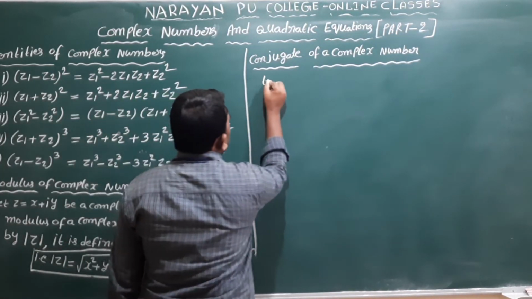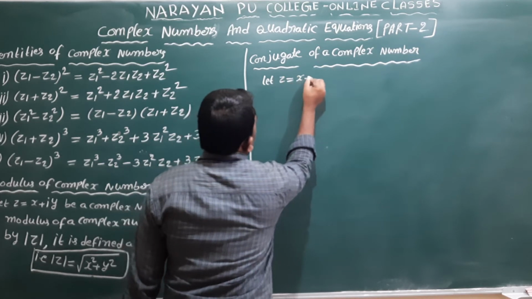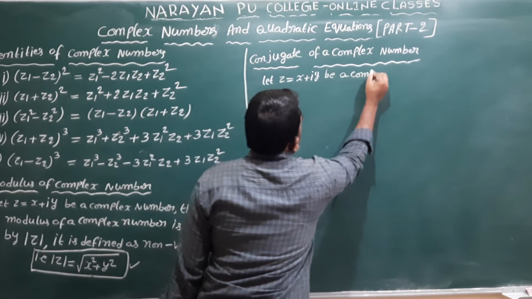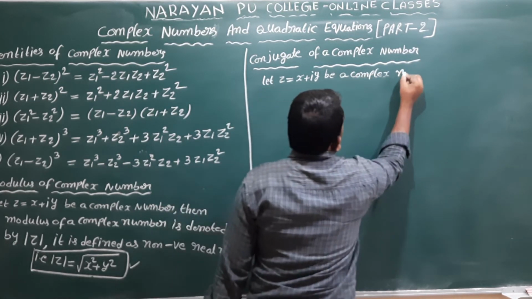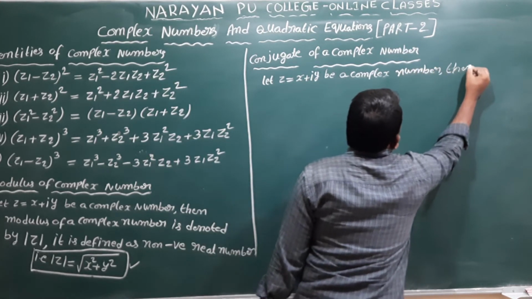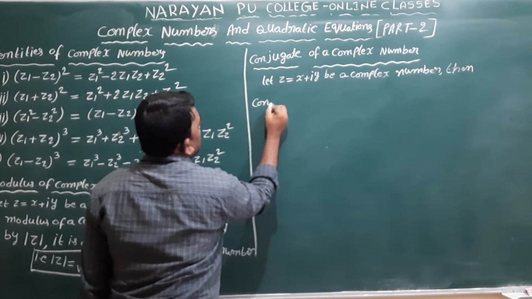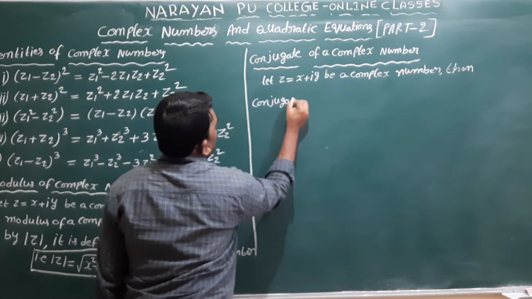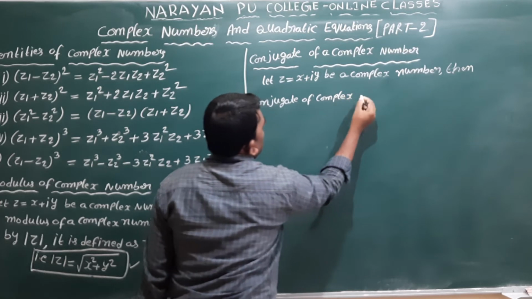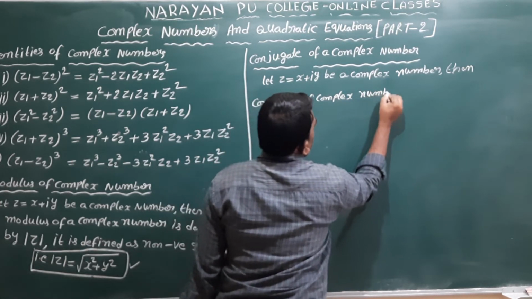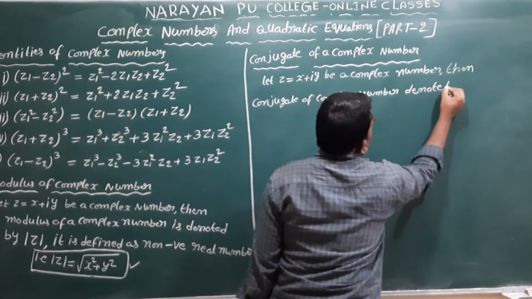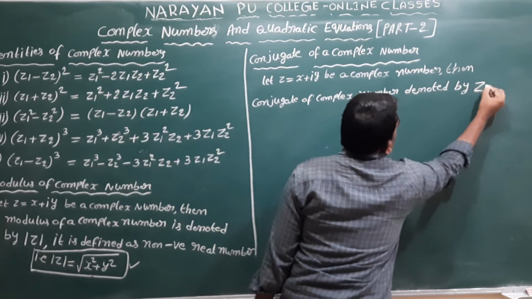So let z equal to x plus iy be a complex number, then conjugate of complex number denoted by z bar.